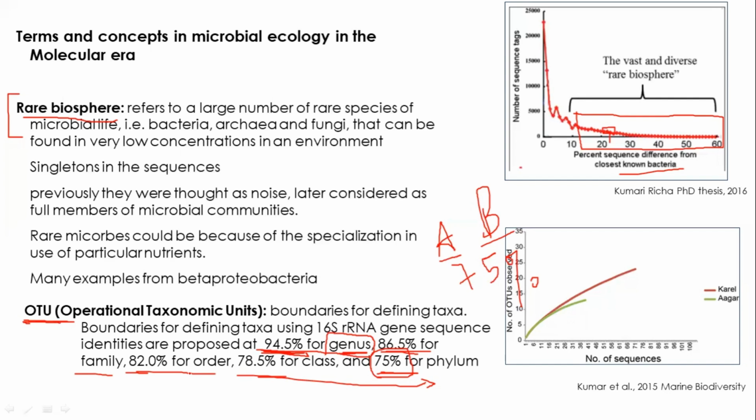For example, here I am giving you one example from my paper on nematodes, published close to 5 or 6 years back. There are two locations in Maharashtra from where soil samples were taken. In one sample the number of OTUs observed was close to 12, and in the other close to 25.